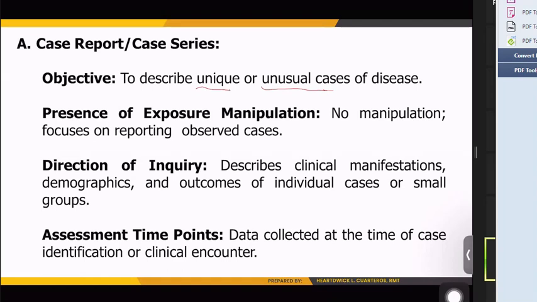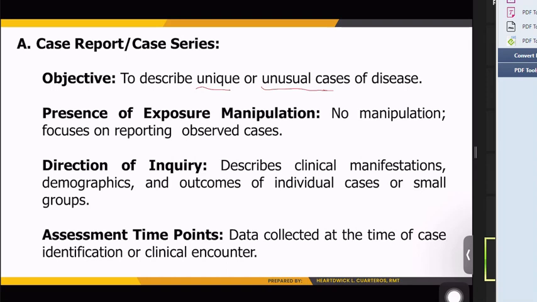Pag sinabi natin pong no manipulation, mga ma'am, sir, we cannot make intervention or we cannot manipulate, hindi natin pwedeng mabago ang report natin, hindi natin po pwedeng i-alter ang na-report, we cannot alter or exaggerate the facts that influence the outcomes, okay? So yun po ang meaning ng manipulation. Okay? So we have also direction of inquiry.